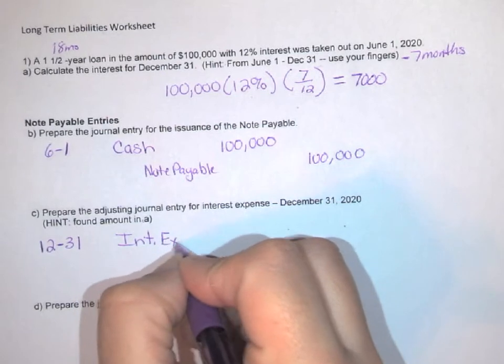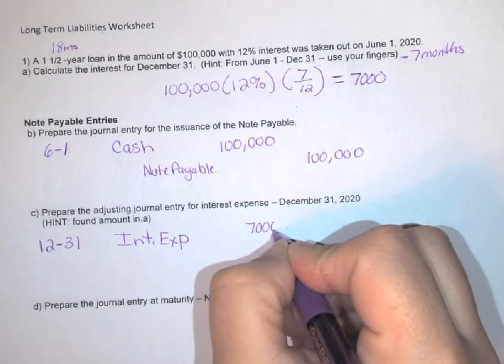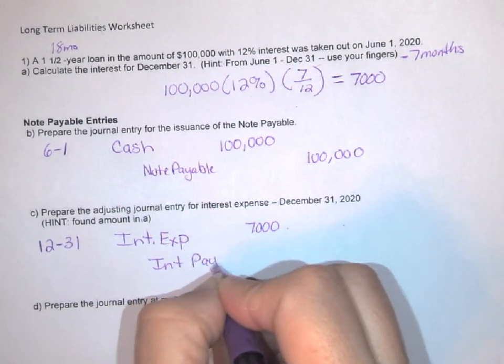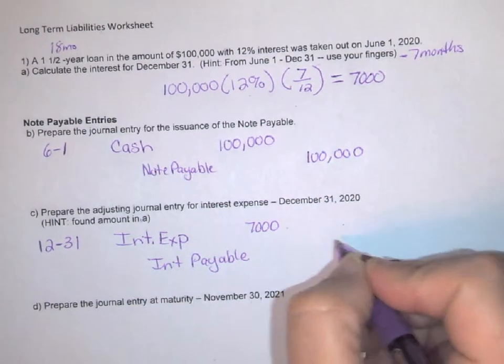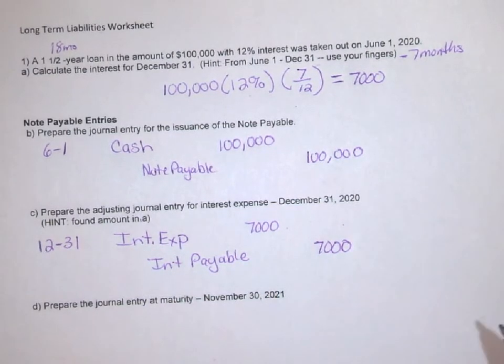So we would have our interest expense of $7,000, and the other side of that is going to be our interest payable, because we do owe that money to our lender. So that is what our adjusting journal entry would be.